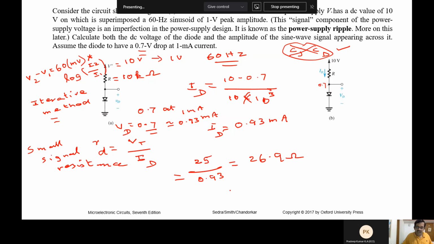Okay, we need to find this. Our aim is to find this small vd. So how do I do this? To do this, let me draw this small signal analysis circuit. This is a small signal analysis circuit for the diode.